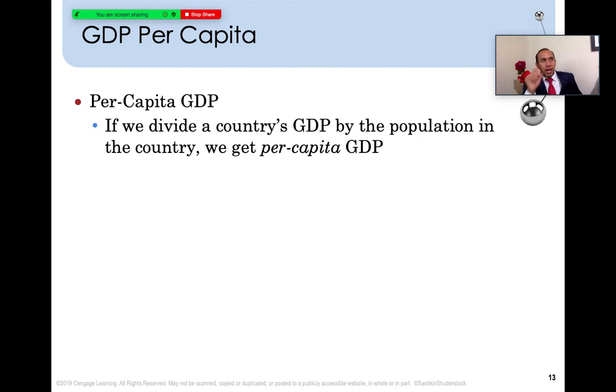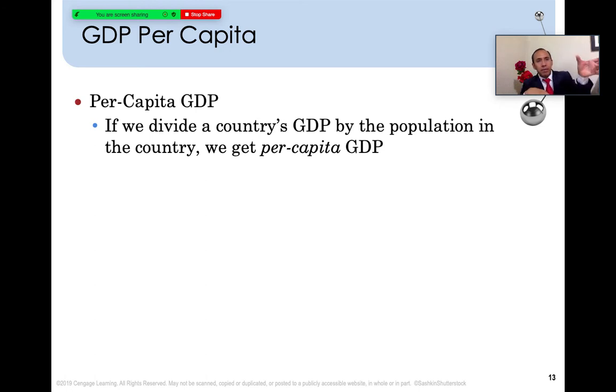That gives you the GDP per capita for that country. Although some individuals in the population may not be working, some may be older or young, but it does this, so that's a potential criticism of GDP per capita.